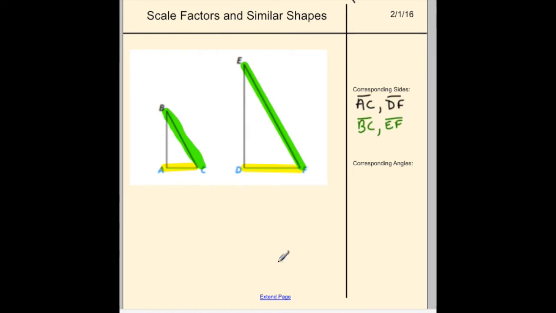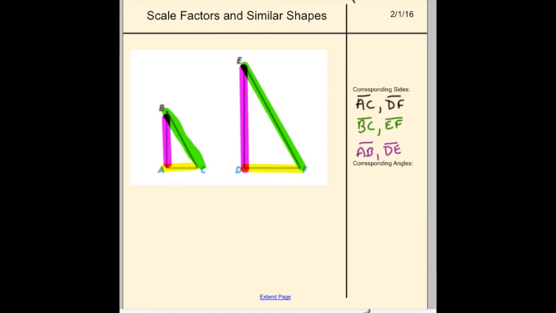And then that leaves the second longest or second shortest side, however you want to consider it. That is AB, and it corresponds to DE. So it's just which sides kind of belong together.